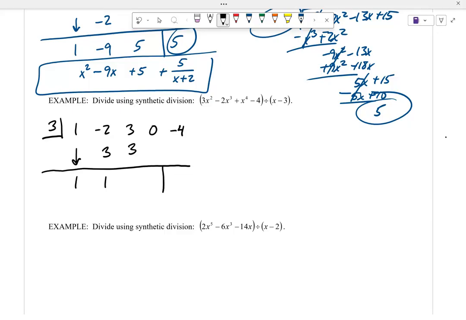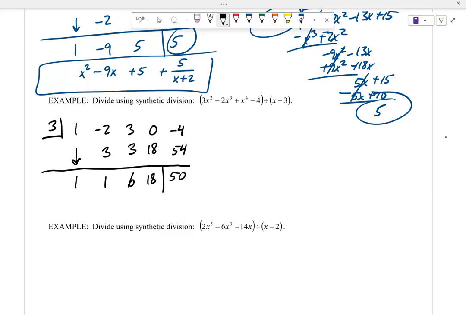Now I have 3 plus 3, 6. 6 times 3, 18. 0 plus 18 gives us 18. 18 times 3 gives us 54. Negative 4 plus 54 gives us 50.